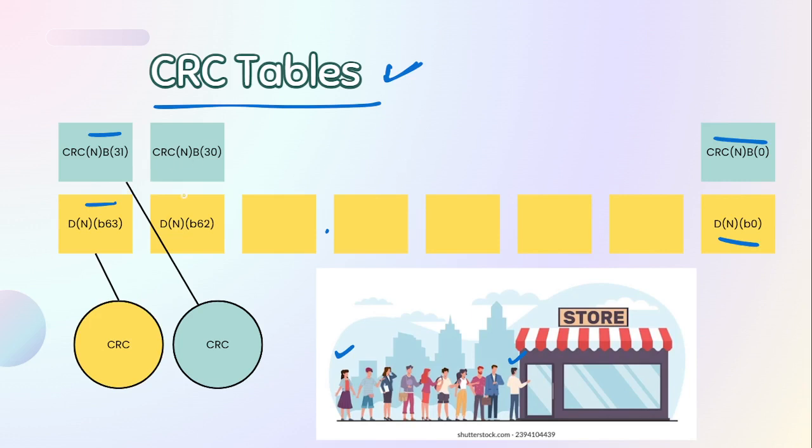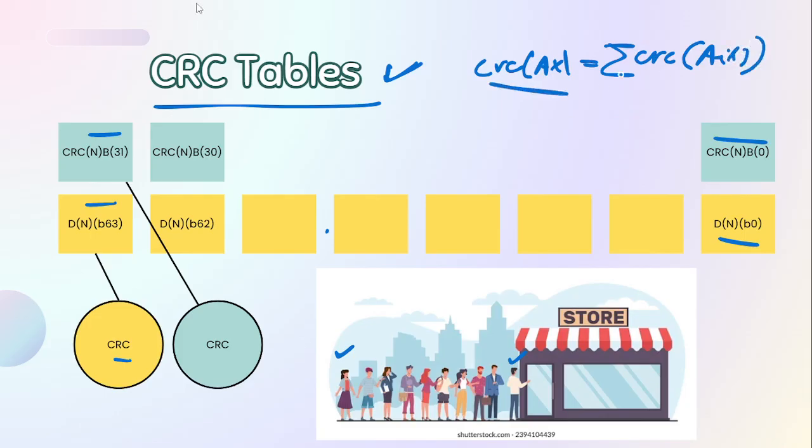Now keep in mind that every single bit will have a CRC state behind it. When I showed you that CRC of A of x is sigma of CRC of A_i x, where the sum of parts, so CRC of sum is sum of CRC of parts. So this first equation that I taught you earlier, what it really means is that each bit of CRC has a CRC behind it.